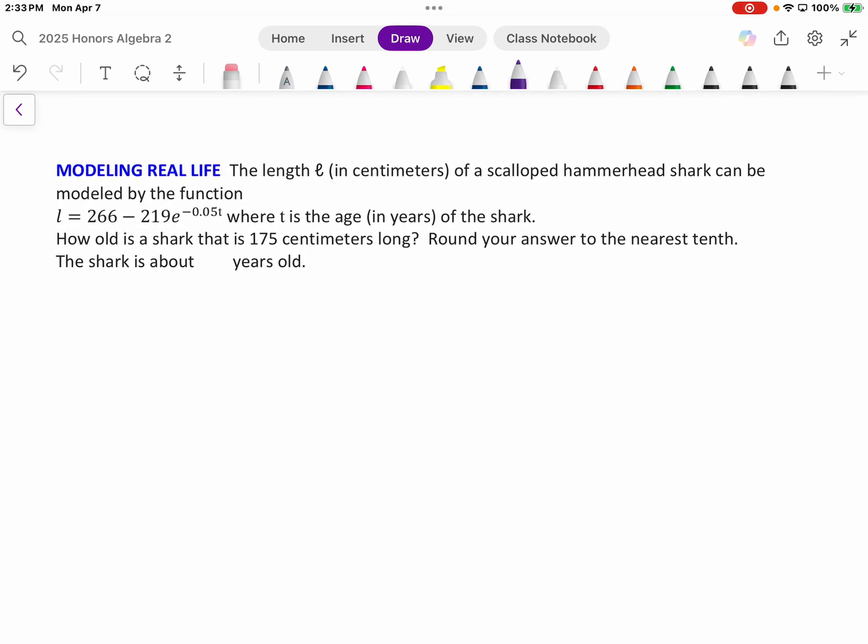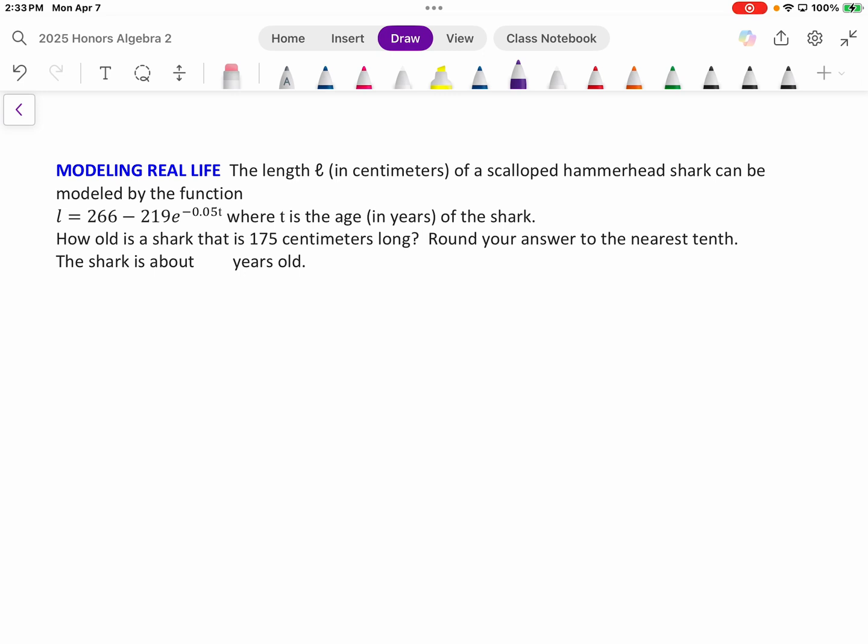Modeling in real life. The length in centimeters of scalloped hammerhead sharks can be modeled by the function L. The length is equal to 266 minus 219 e to the negative 0.05 t power, where t is the age in years. How old is the shark that's 175 centimeters long? Round your answer to the nearest tenth.